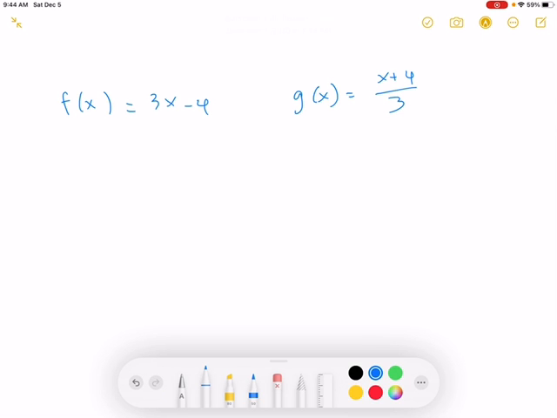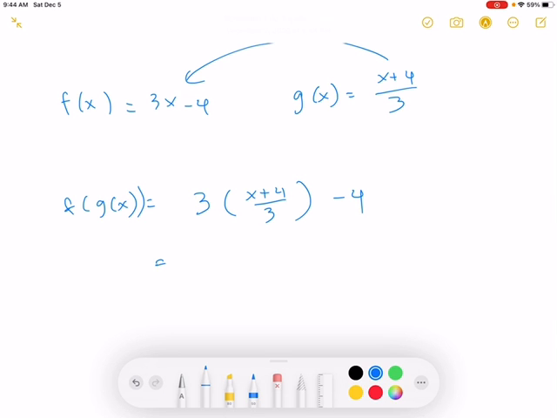What we need to do is first f of g of x, plug g into f. So this goes in here, okay? So 3 times x, this is where we put the g.